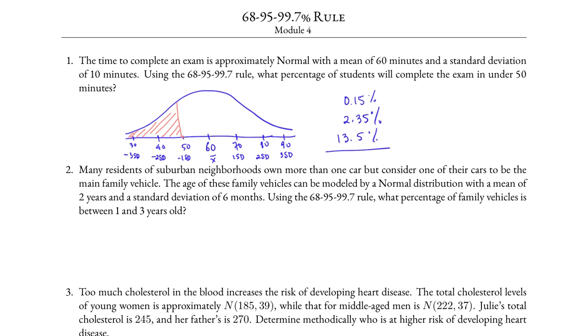We add these all up to get 16%. So to answer the question, what percentage of students will complete the exam in under 50 minutes? The answer is 16%. 16% of the students will complete the exam in under 50 minutes.